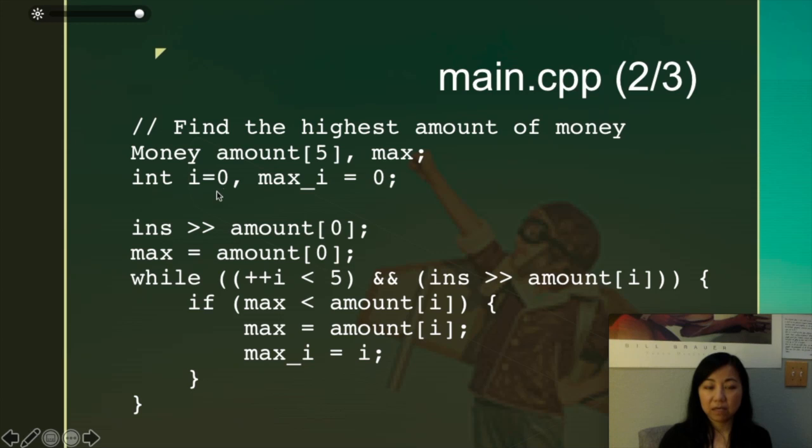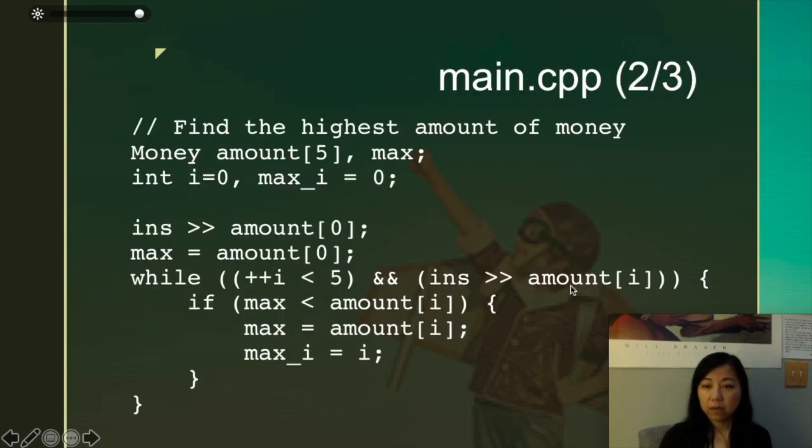And then we have index. So index i equals 0, and the index of the maximum amount equals 0. That's how we set it in the beginning, and then we will read the first data from the file and set it equal to max.